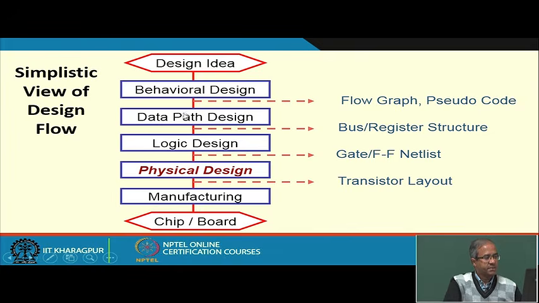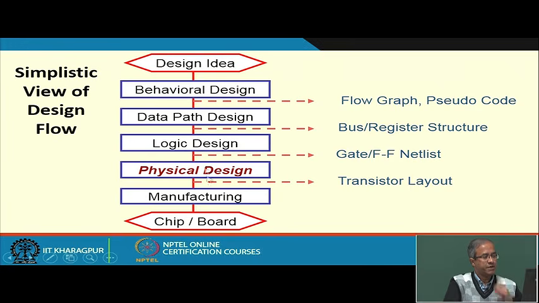Then you go for data path design, where you translate your design into a register transfer level architecture: buses, registers, adders, etc. Then you go for logic design, where you translate them into gates or flip flops. Then you go into physical design, where you translate these into the final transistor level layout, which is now ready for fabrication or manufacturing. Once you have fabricated, you can finally get your chips, using which you can create your circuit boards.